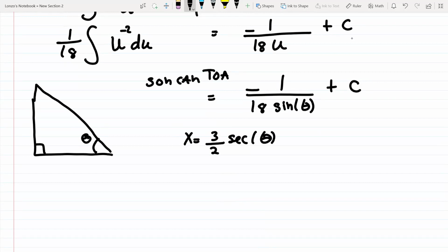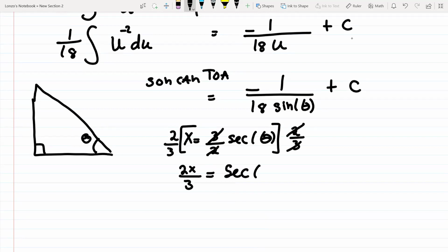Then what I would do is solve for just regular secant theta, so I have to get rid of this 3/2. To do so, you can multiply both sides by the reciprocal of 3/2, which is 2/3. On the left, it's going to be 2x over 3, and on the right, the 2/3 cancels with the 3/2, so you're just left with secant theta. This is what we're going to use for our right triangle. Secant is the reciprocal of cosine.